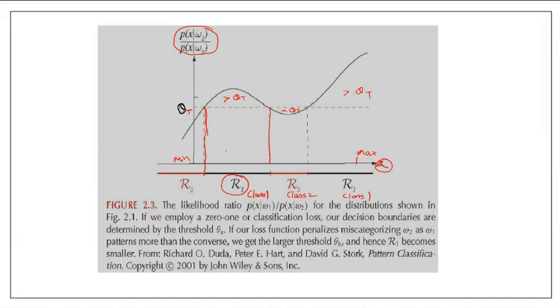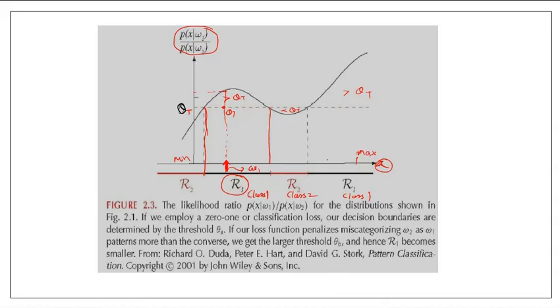Say the given input is, suppose, here. The given measurement right now is standing over here. Then you go to this curve and just check. Then I find that this is more than theta t. For this input, I am going to declare it as omega 1. Say omega 1 stands for some pen, then my decision is pen.